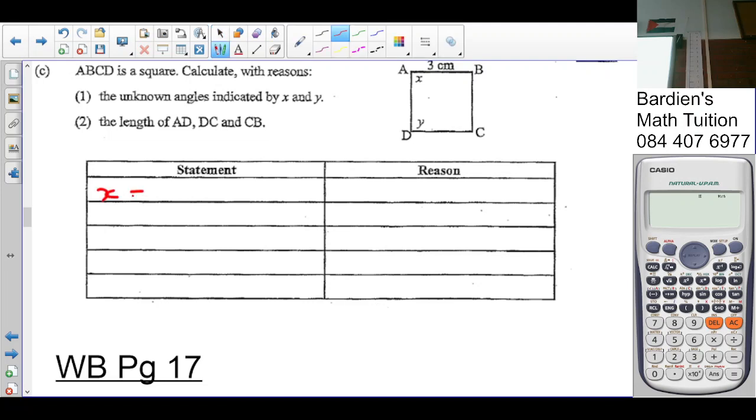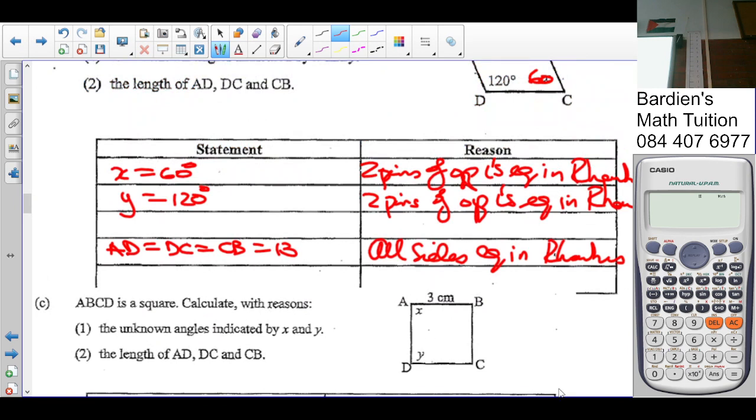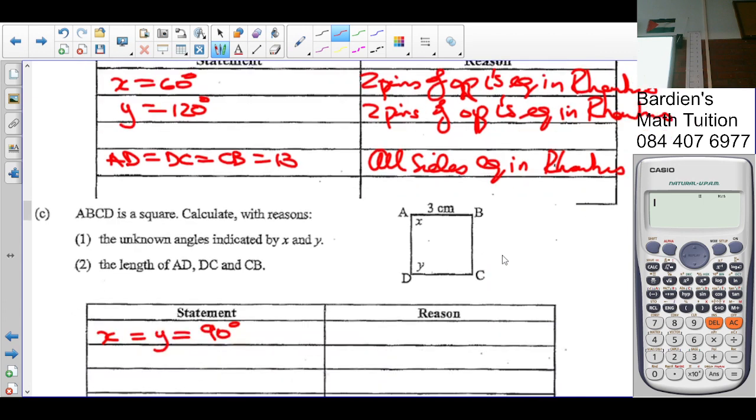So x is equal to y, which is equal to 90 degrees. Why? You see, in this case x and y were equal, so I just say x is equal to y, and the reasons are the same. I couldn't have done it in the previous one because those angles were different. Can you see that? Here everything was the same, with the same reason. You see the difference?